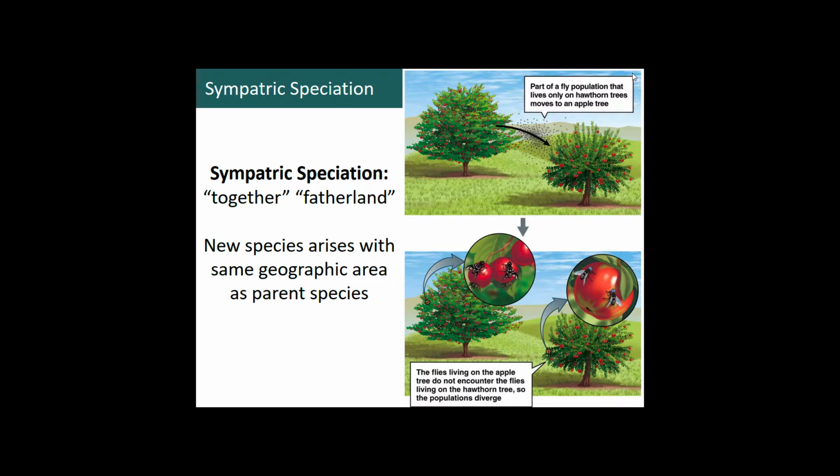And so that's an example of sympatric speciation. The flies that are spending their time on the apple tree quit encountering the hawthorn flies, the populations diverge, and now we have two different species of this type of fly, the hawthorn fly and the apple fly. Okay. Does that make sense? Anybody have any questions about that?